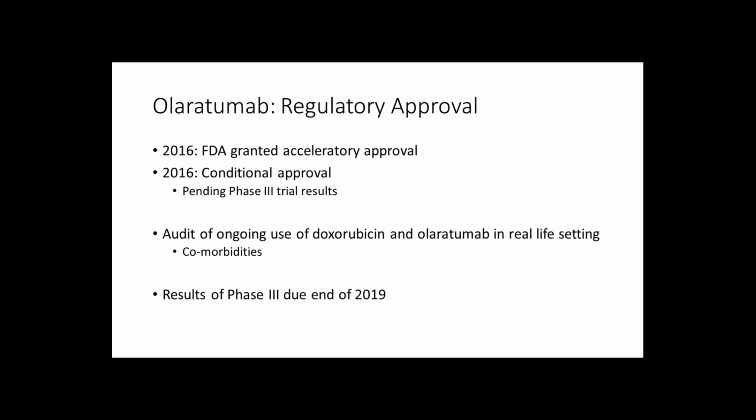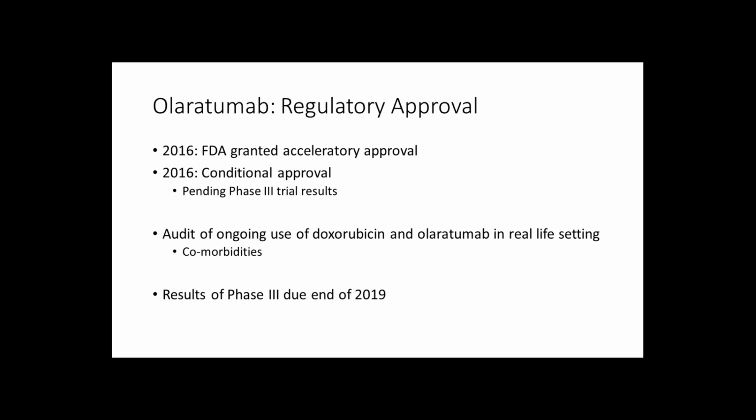The selection of 8 cycles in the phase 1, phase 2 trial was based on laboratory data from Dr. Schwartz's laboratory, and I think it's very difficult to extrapolate.